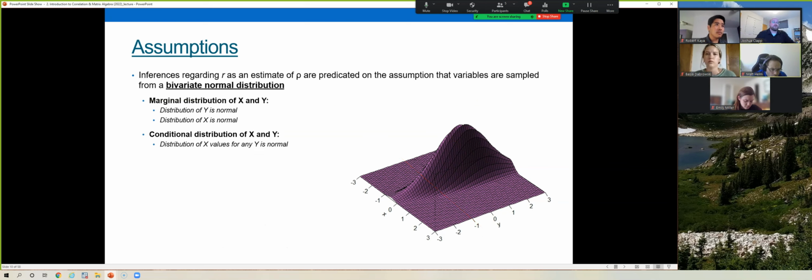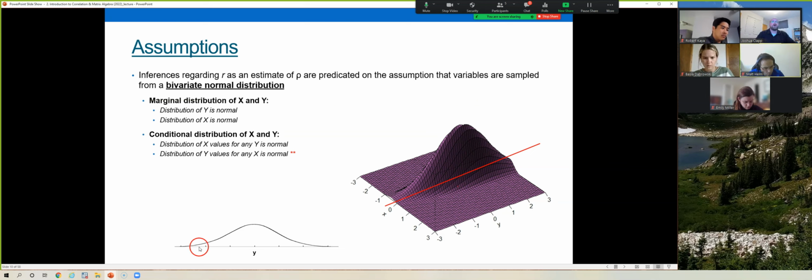Okay, and then for all values of x, the distribution of y is also normal. So here, if I were to cut a line at x equal to 0 and think about this as a cross section, I would see all values of y having a normal distribution.